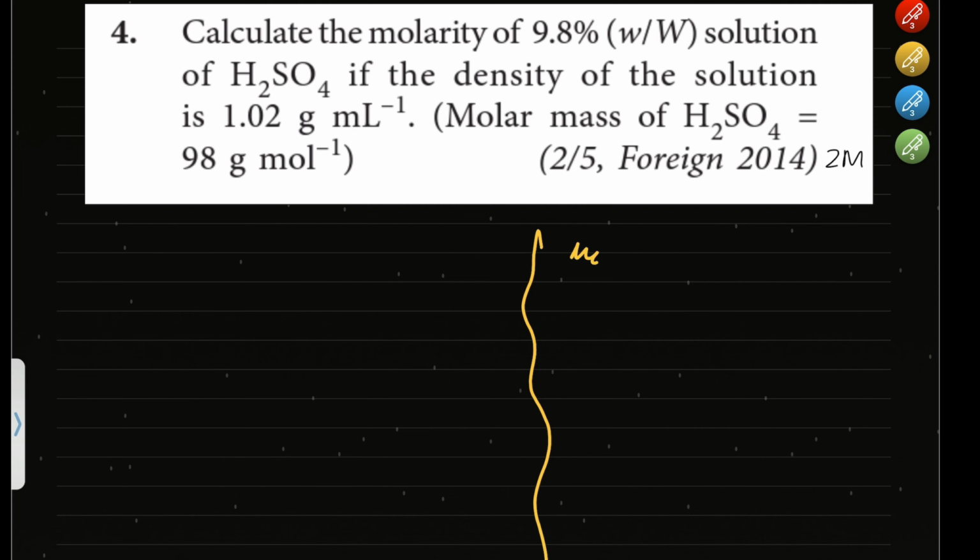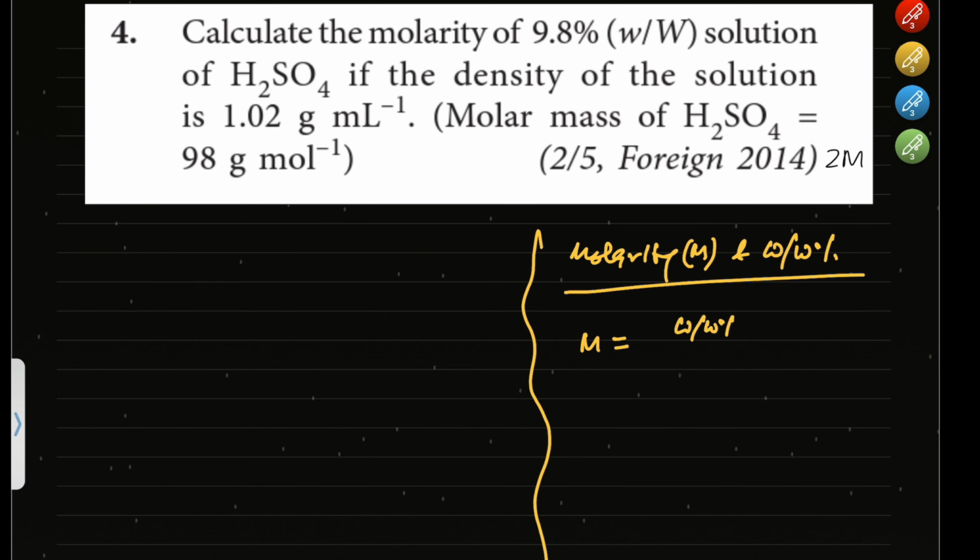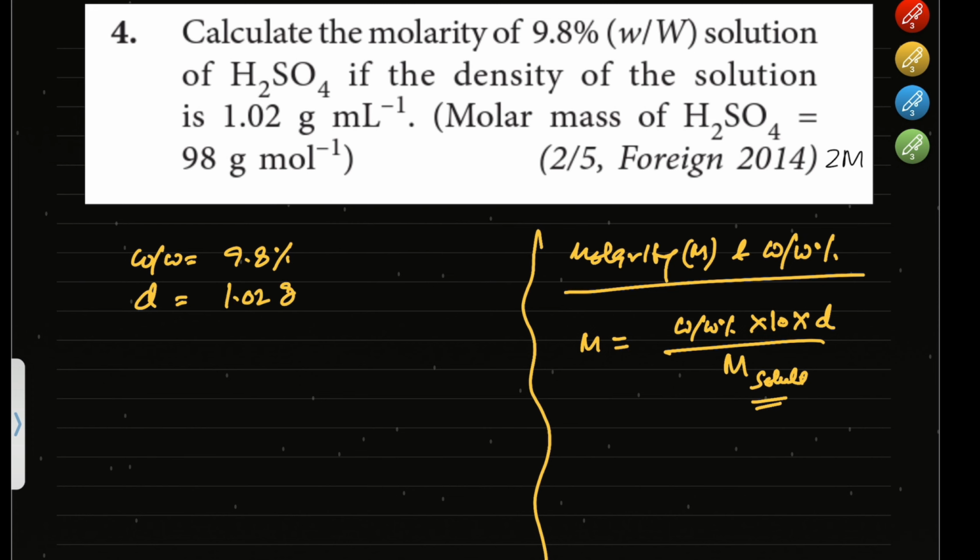Molarity is equal to W by W percent into 10 into d, upon molecular weight of solute. Now let's see what we have been given: W by W 9.8% solution, density is given as 1.02 gram per ml.